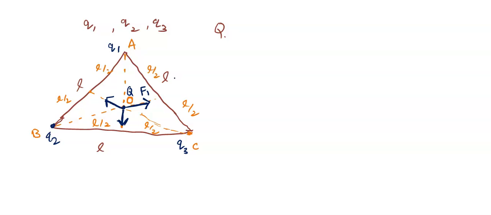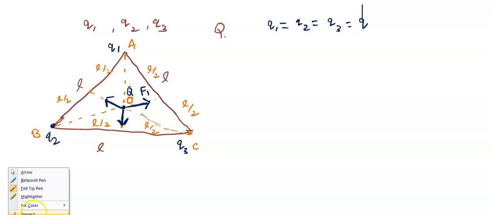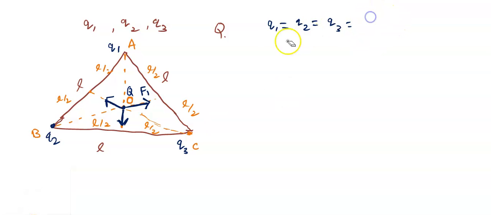Okay, and it is mentioned in the question only that Q1 is equal to Q2 is equal to Q3, and that is equal to small q. This is given in the question. Now if it is given, then what can you say about the force acting due to charge Q1, Q2 and Q3 on O?